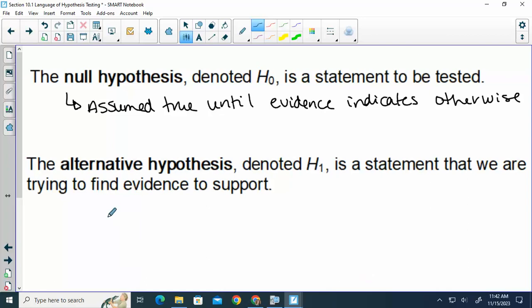The alternative hypothesis will have an H sub 1. That's a statement we are trying to find evidence to support. So when we set up our hypothesis testing, we will always have an H sub 0 and an H sub 1, our null and our alternative hypothesis. And essentially what we're doing is assuming the null hypothesis is true, and then finding the probability that the alternative occurs.